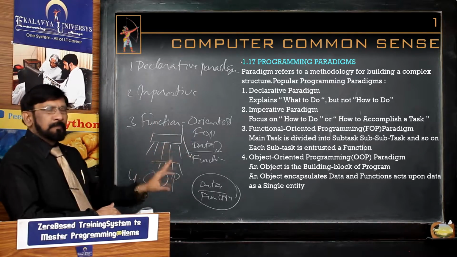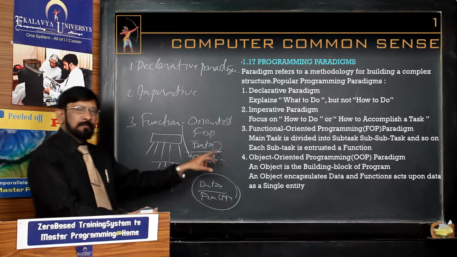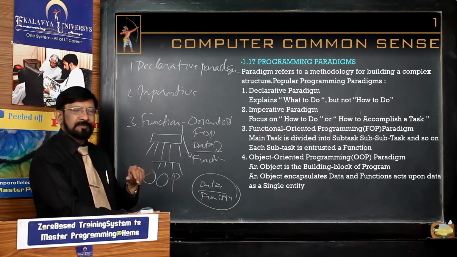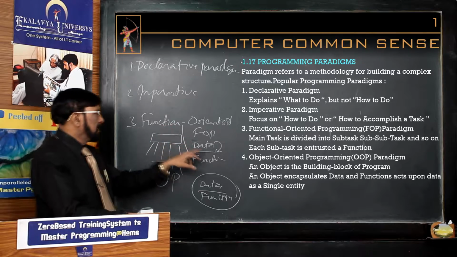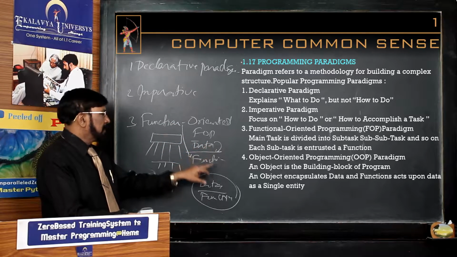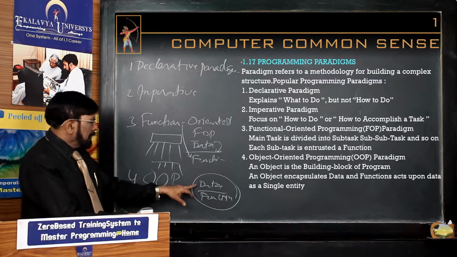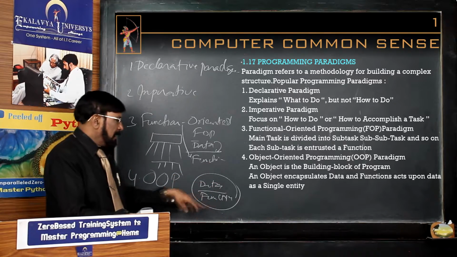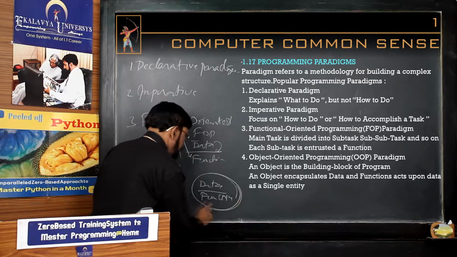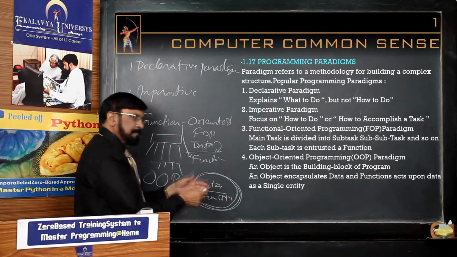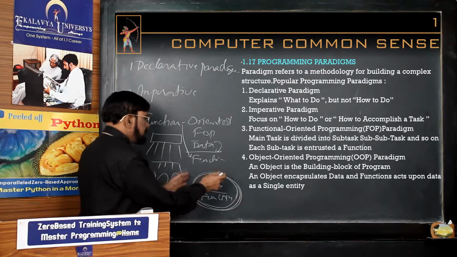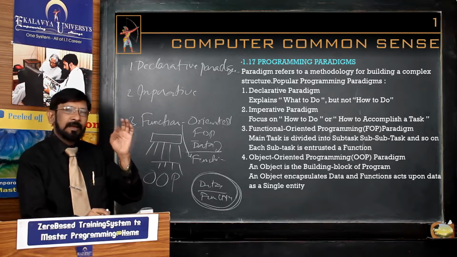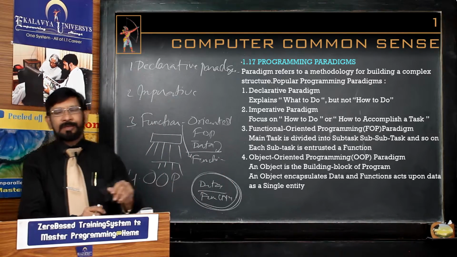So, in every program, the main components are data and functions. In function oriented programming, data is separate and functions are separate. Actually, in object oriented programming, data and functions are encapsulated, meaning integrated as a single identifiable entity with a unique name.